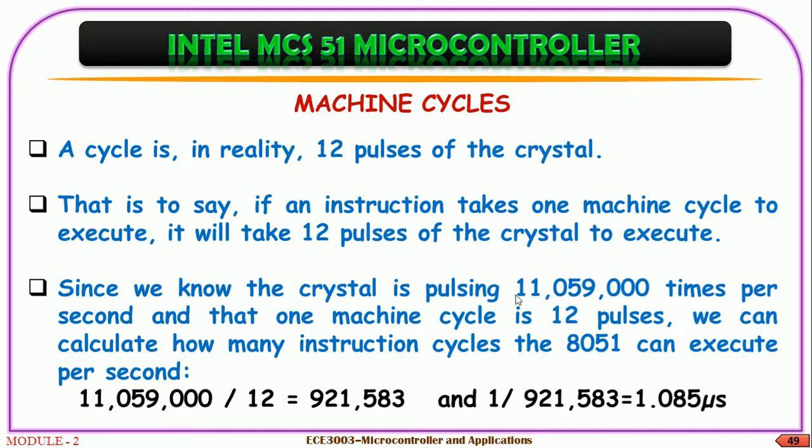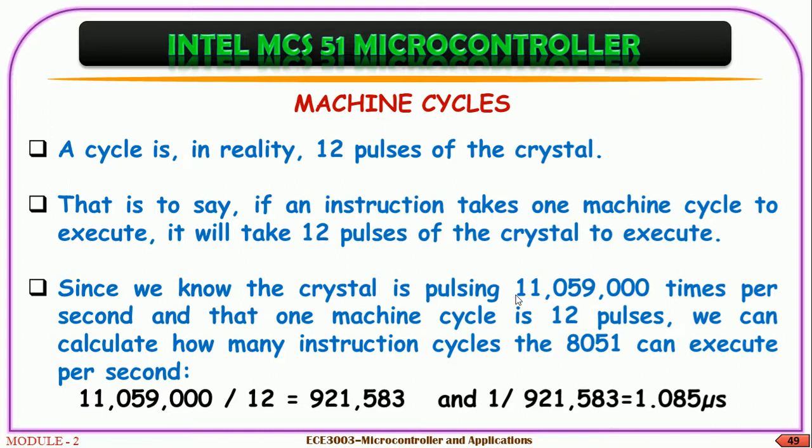Since we know that the crystal is pulsing 11.059 megahertz, that is times per second, and that one machine cycle is 12 pulses, we can calculate how many instruction cycles the 8051 can execute per second.